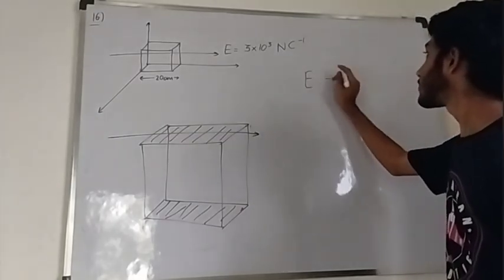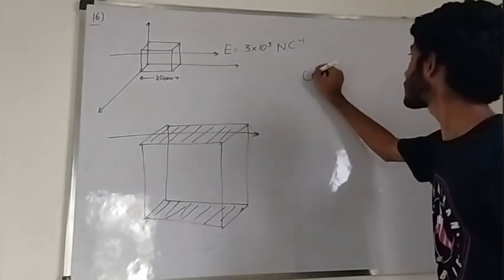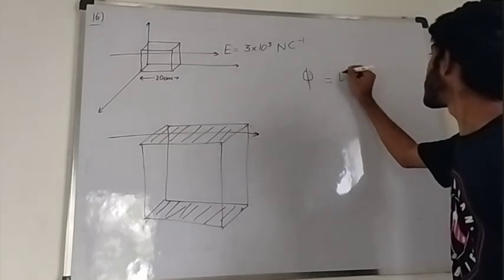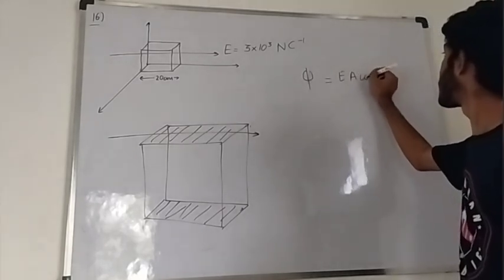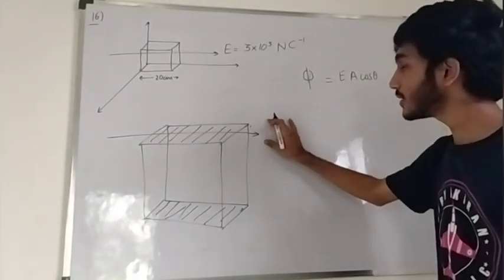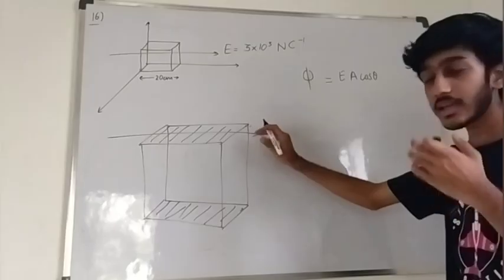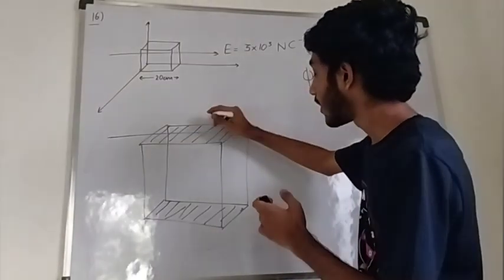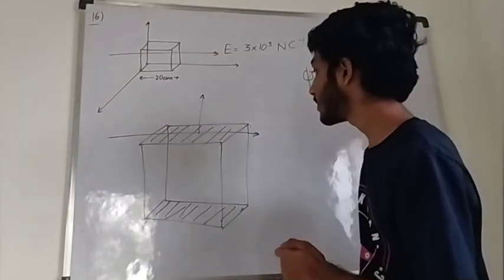We write flux equals EA cos theta, and here you see the angle between E and the area vector. You see the area vector is here.